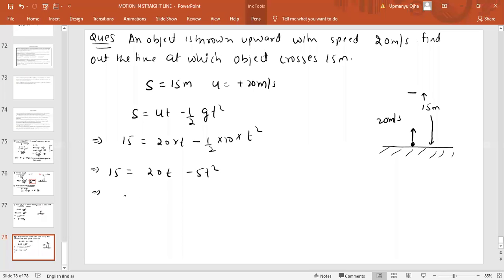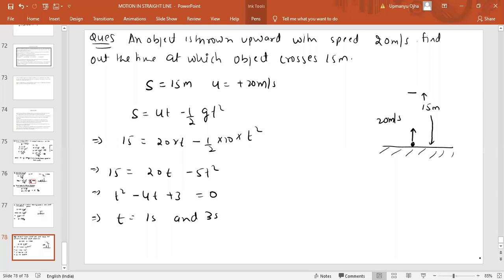Dividing by 5, we get t square minus 4t plus 3 equals 0. If you solve, you will get time equal to 1 second and 3 seconds.